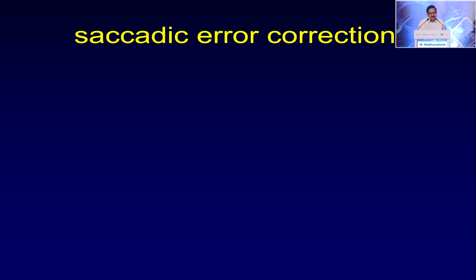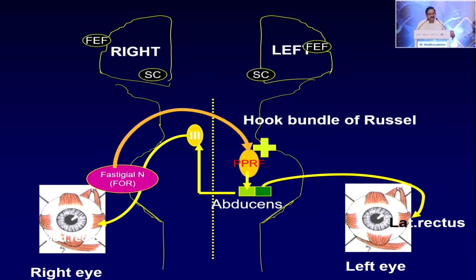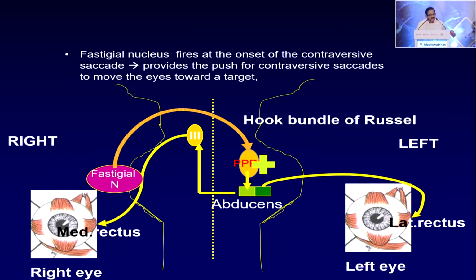How is saccadic error correction produced? This is part of the fastigial nucleus called the FOR, the fastigial oculomotor region, that activates the PPRF on the opposite side through what is called the hook bundle of Russell. When does this fastigial nucleus get activated? It fires at the onset of the contraversive saccade to the opposite side.